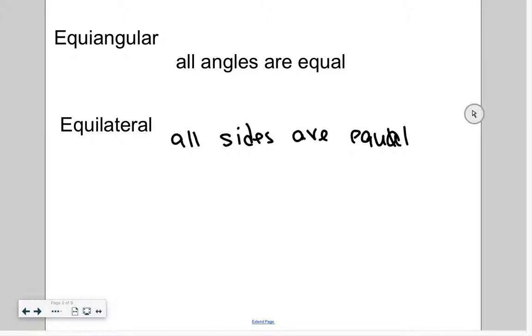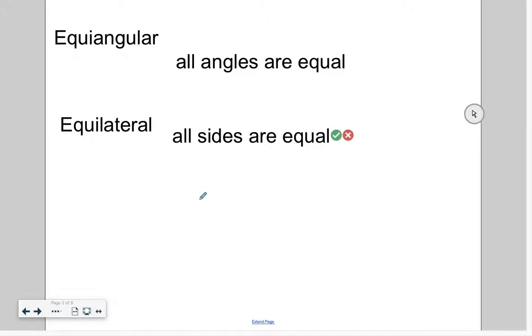If I were to draw a somewhat pentagon, close enough, it's a pentagon, 5 sides, and I tell you that this is a regular pentagon and this side measures 2 inches, that means that this one measures 2, this one measures 2, this one measures 2, and this one measures 2. And that also means that each angle inside that pentagon is going to be equal.